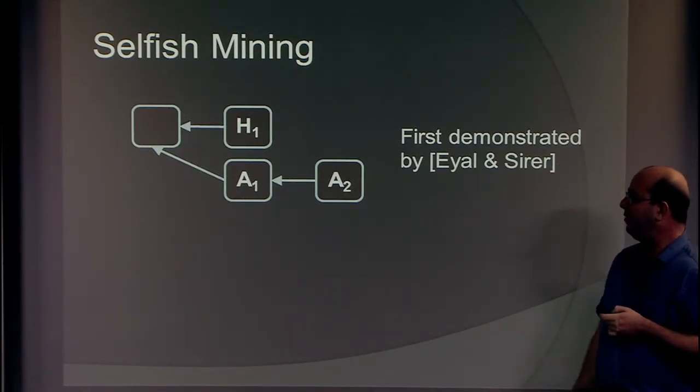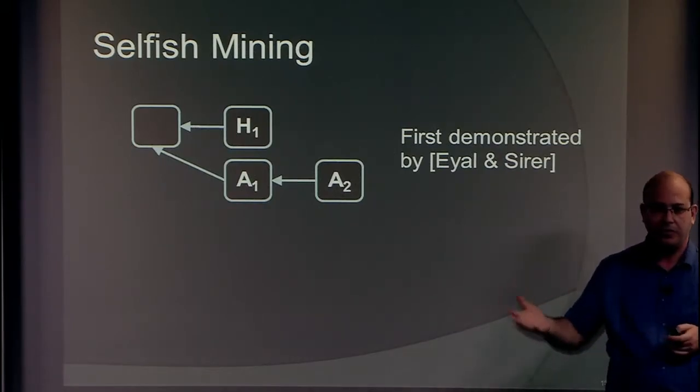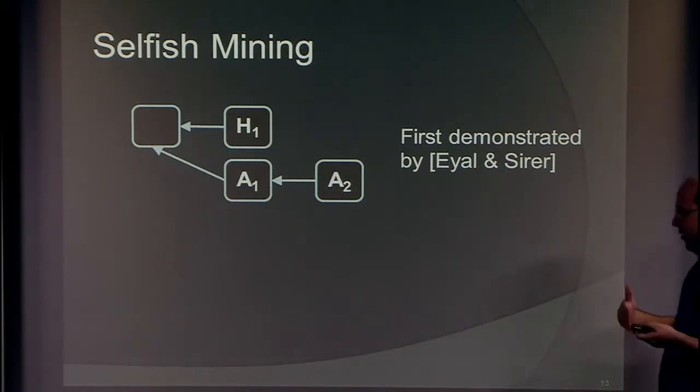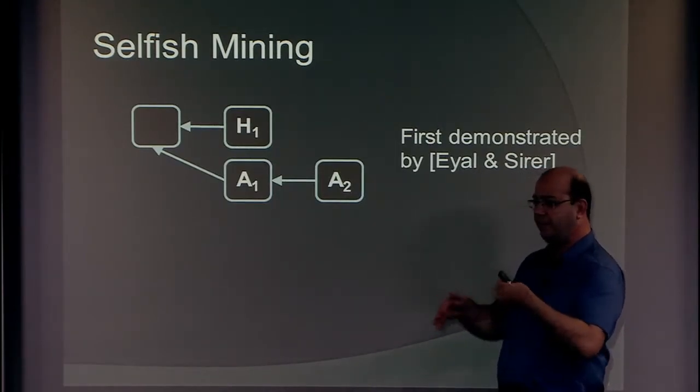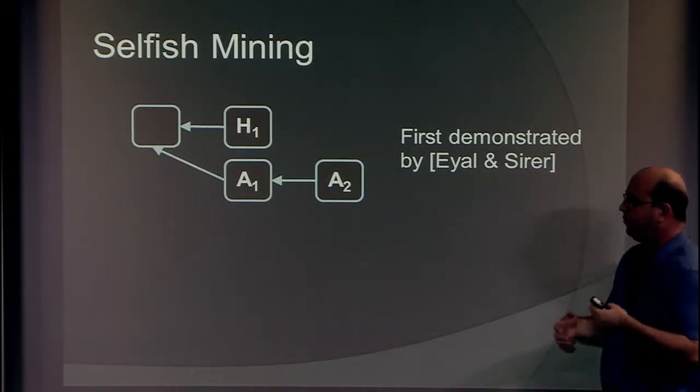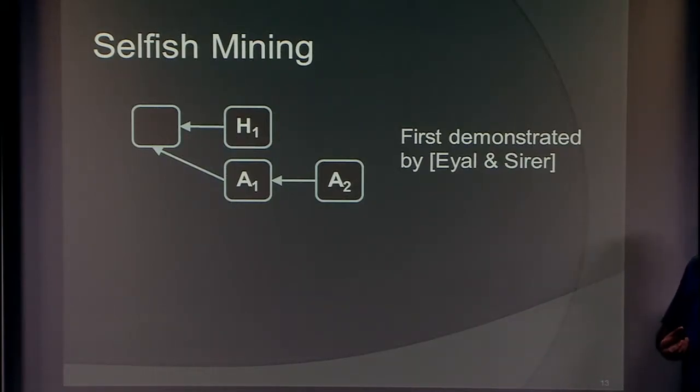Well, one thing to know about the Bitcoin system is that it has an automatic mechanism for throttling the speed, for changing the speed of block creation, so that we create blocks every 10 minutes in expectation.